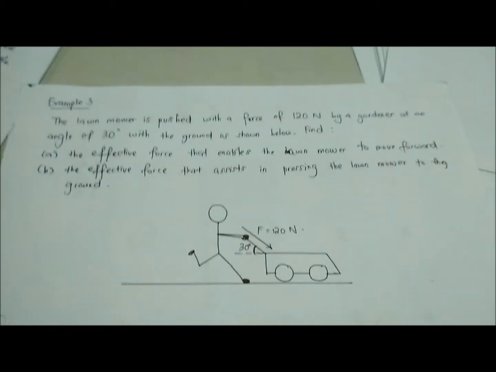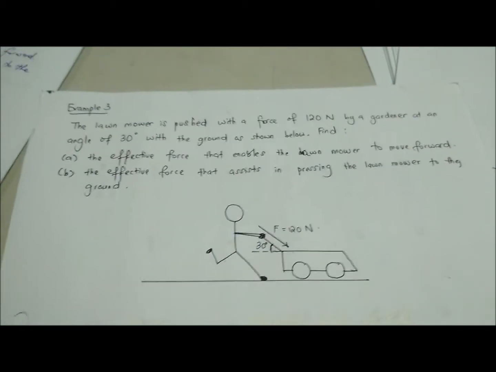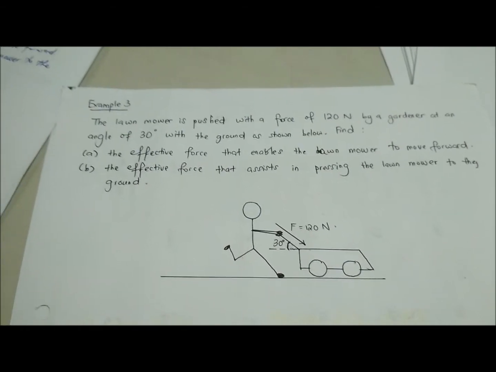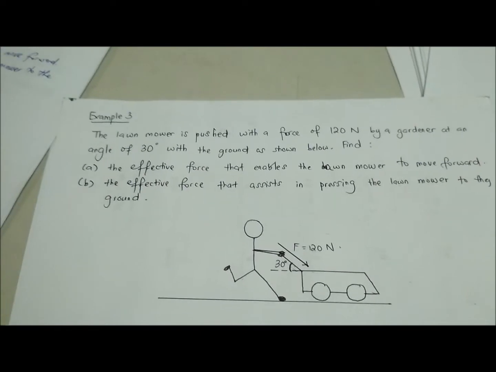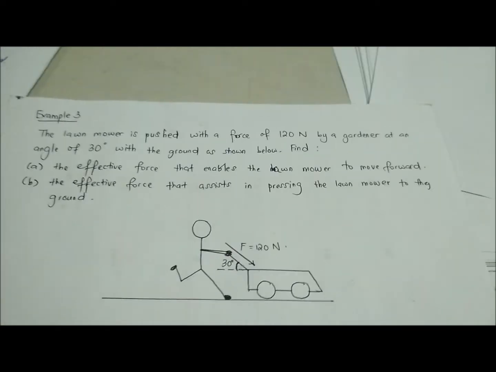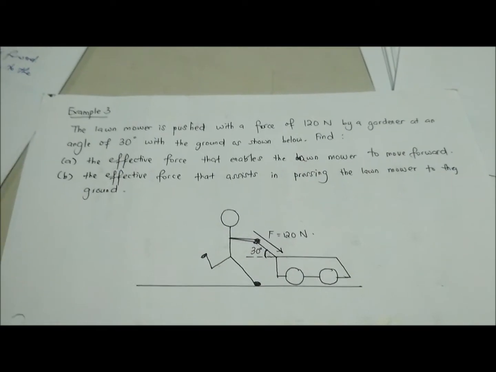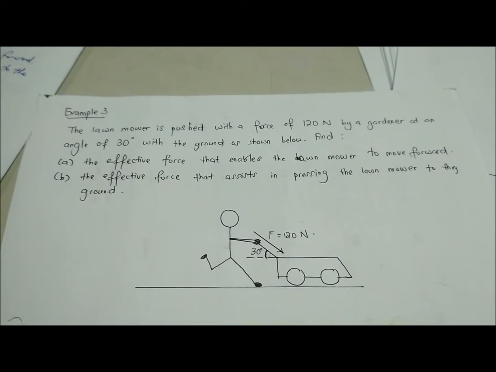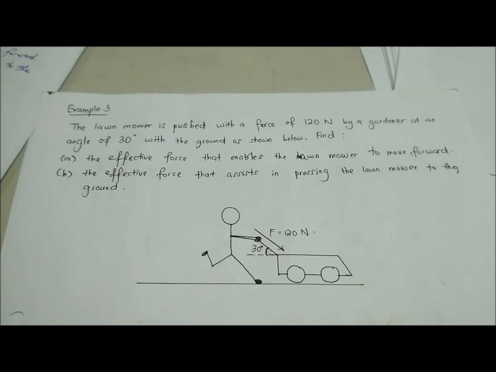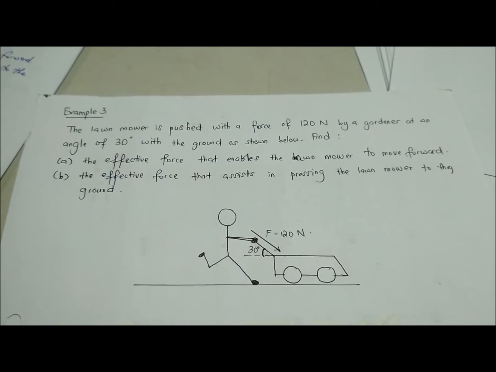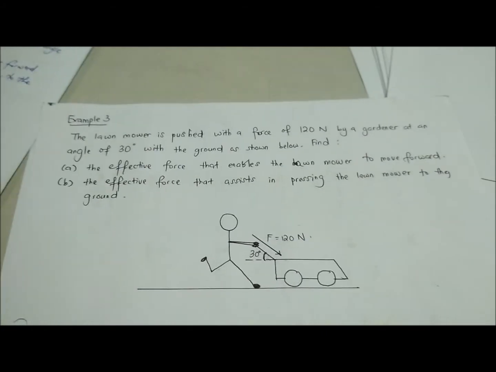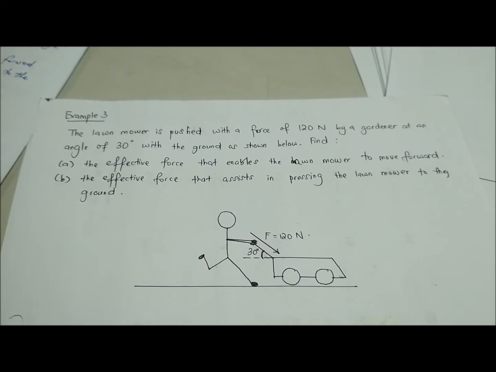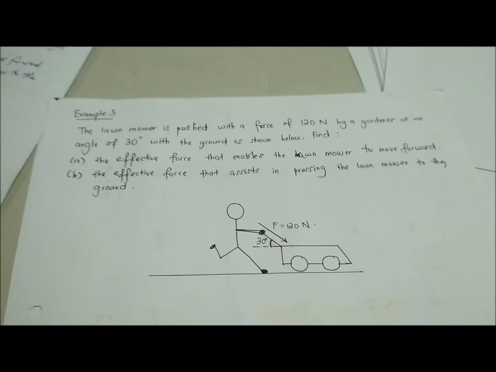Now we have learned about resolutions of force, now we are going to do the example. Please refer to the worksheets that I have distributed to each and every one of you. See example 3. The lawnmower is pushed with a force of 120 Newton by a gardener at an angle of 30 degrees with the ground as shown below.